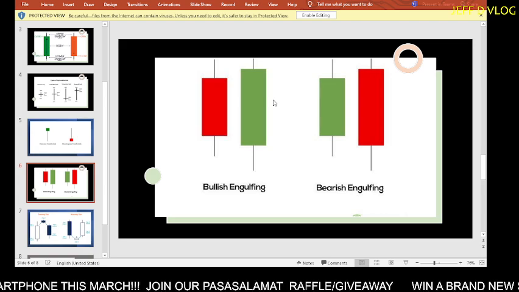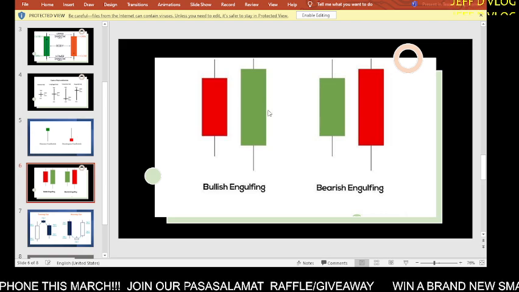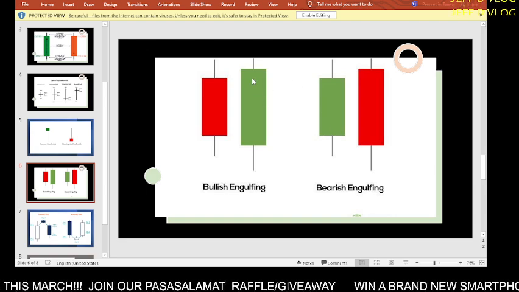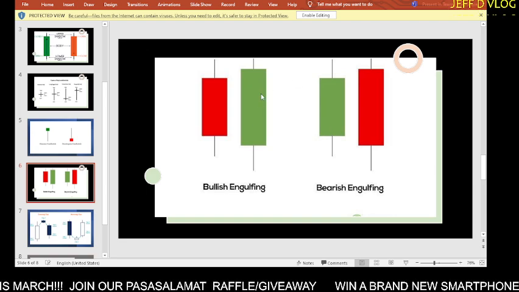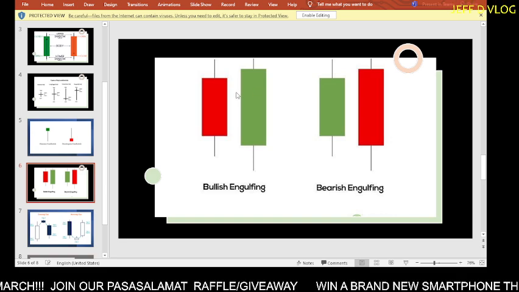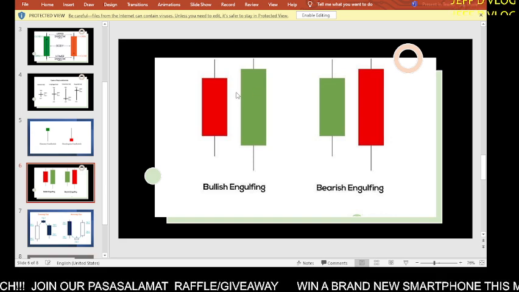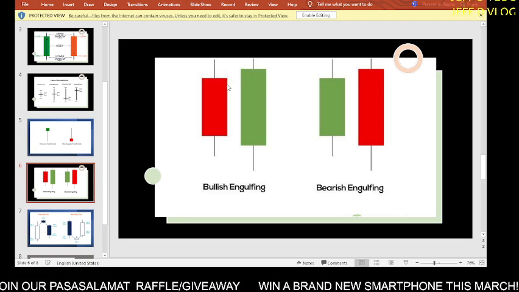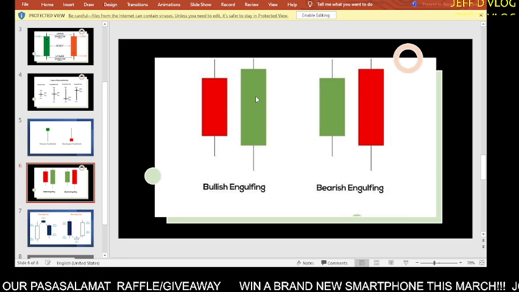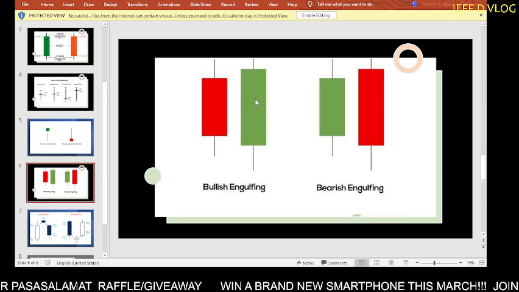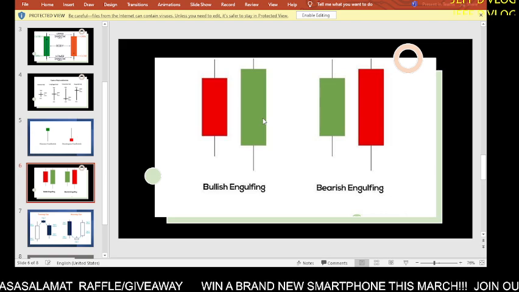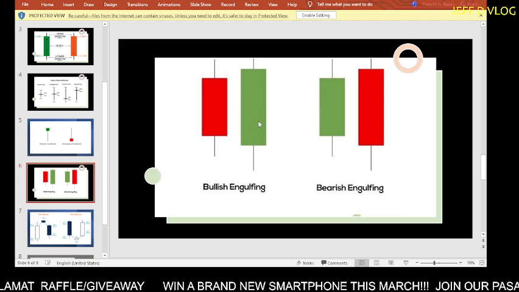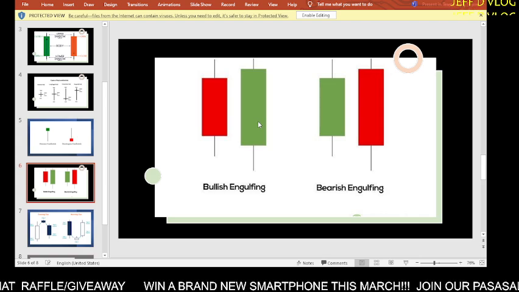Here, the reversal becomes more dramatic as the body grows larger. The body should totally swallow or engulf the red, bearish candle before this green candlestick. This pattern typically appears during a bearish trend. So if you have a bearish trend and you have the bullish engulfing, then that's how it shows.